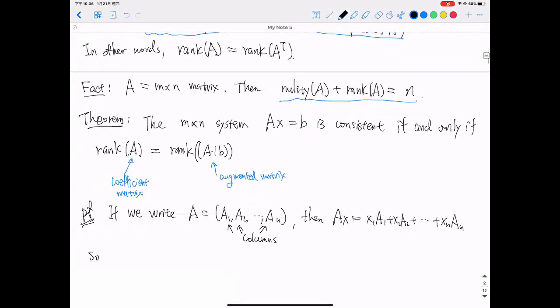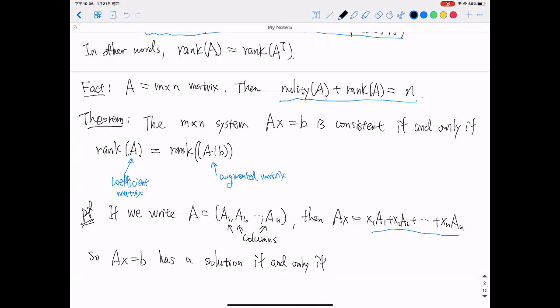So AX equals B, the system has a solution if and only if you can find this x1 through xn so that AX is equal to B. But this x1 through xn writes AX as a linear combination of A1 through AN.